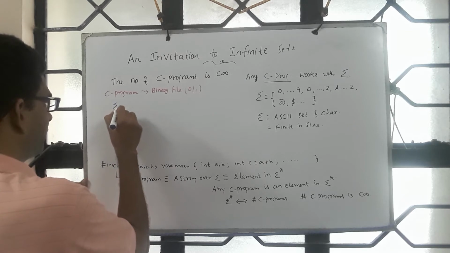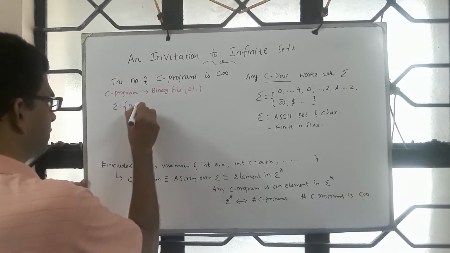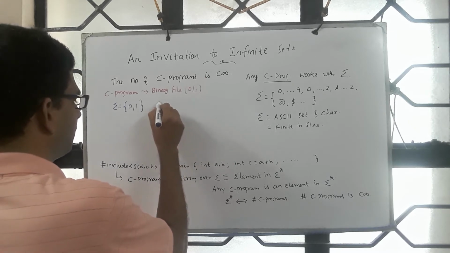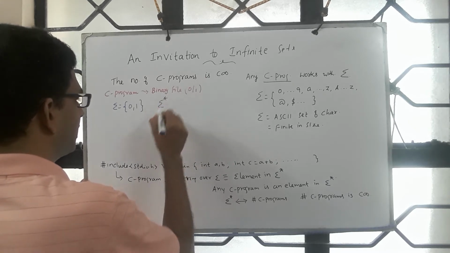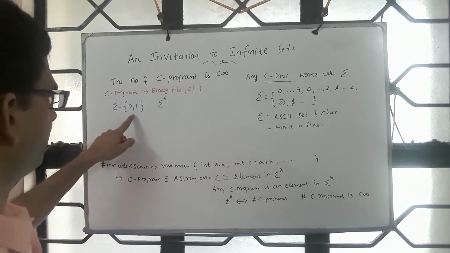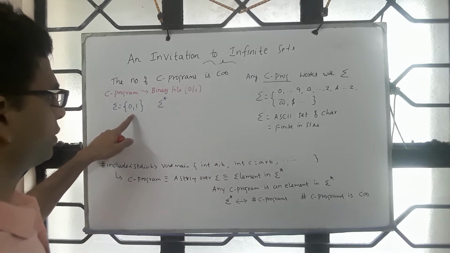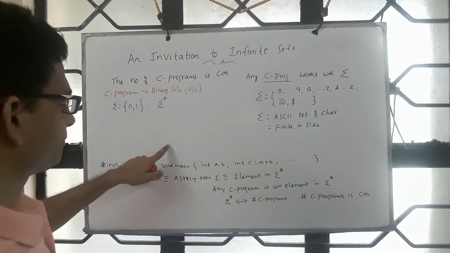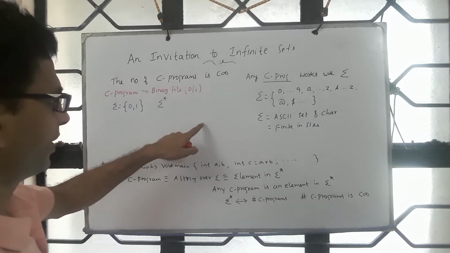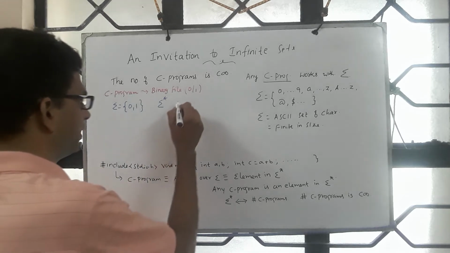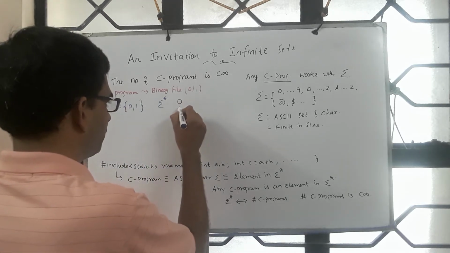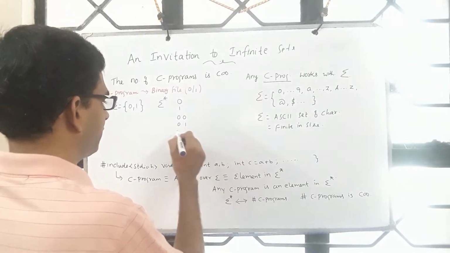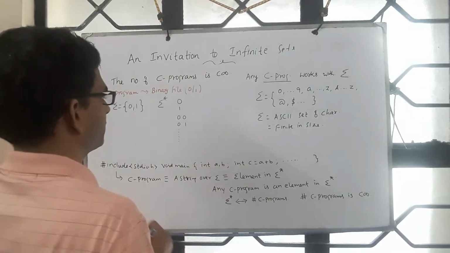Now imagine you are trying to list sigma star over the alphabet 0, 1. Each of these corresponds to a binary string, and so you list 0, then you list 1, then 0 0, you list 0 1, very similar to what we did for a, b. Like this it happens.